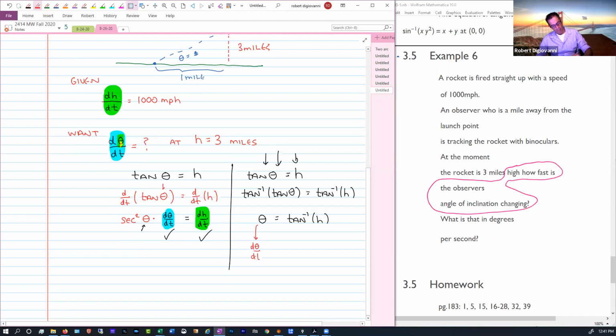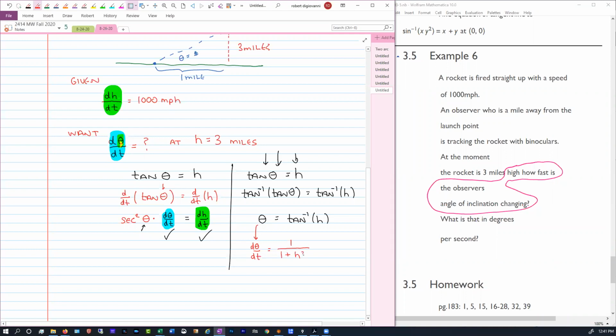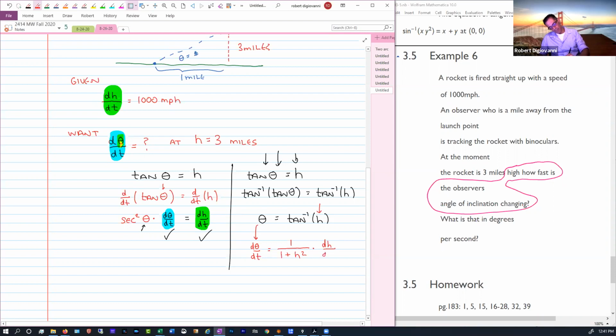On the right-hand side, we have an inverse trig function. What's the derivative of arctangent of something? That's the formula I asked you to burn in. I put 5 stars next to it. It's 1 over 1 plus x squared, and in this case it would be h squared. One more step. Don't forget the chain rule. We have to take the derivative of what's inside and tack it on here. It's dh dt.